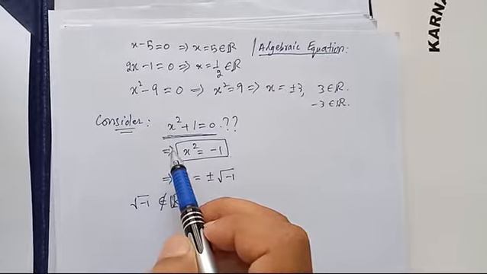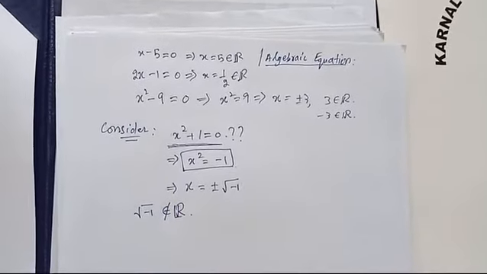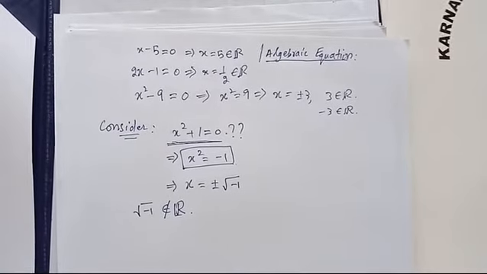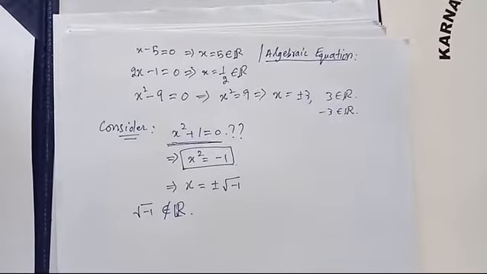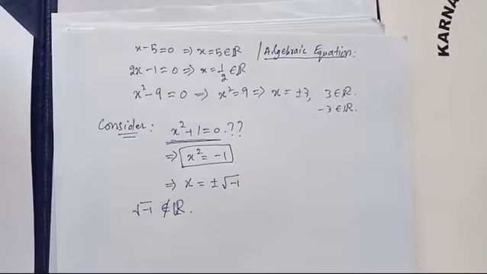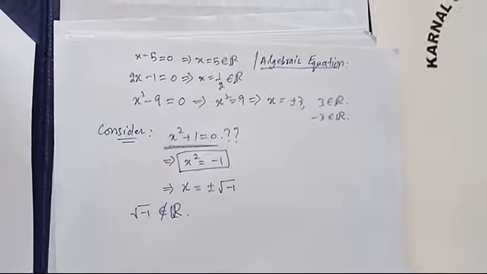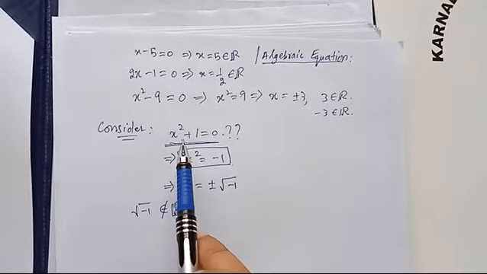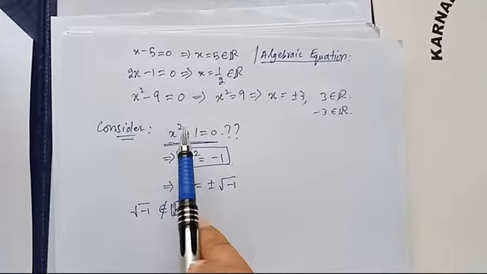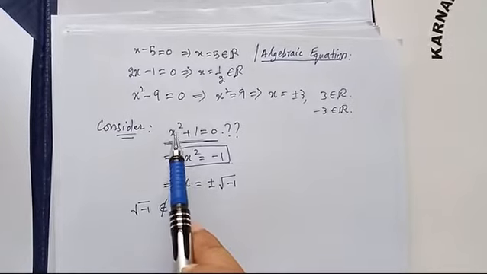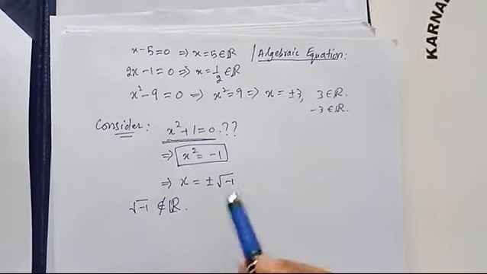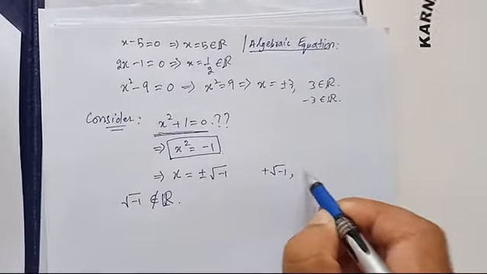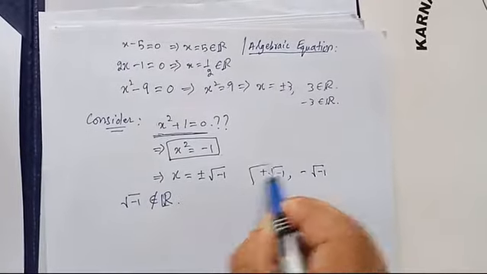According to the fundamental theorem of algebra, the degree of the equation must be equal to the number of roots or the number of solutions that you get. So this is a quadratic, and the equation must have two values which satisfy it. Those two values are plus square root of minus 1 and minus square root of minus 1.